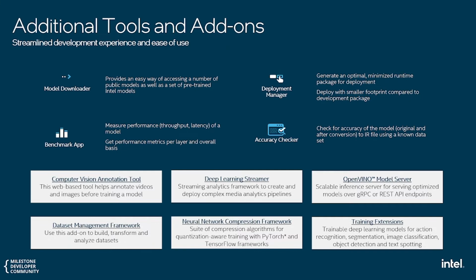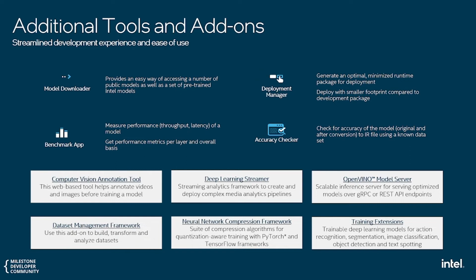You can also find additional elements. If you need to train your own model, for data collection and pre-processing, you can use the Computer Vision Annotation Tool and the Dataset Management Framework. For training, you can utilize OpenVINO Training Extensions. For deployment, you can leverage the Deployment Manager to create an optimal runtime package with minimal footprint.